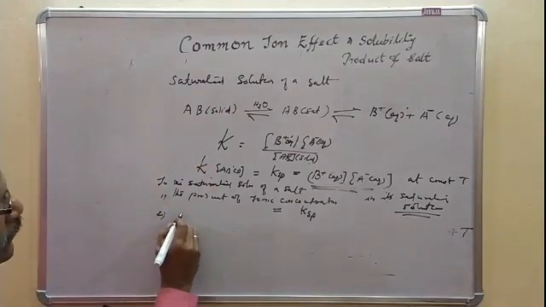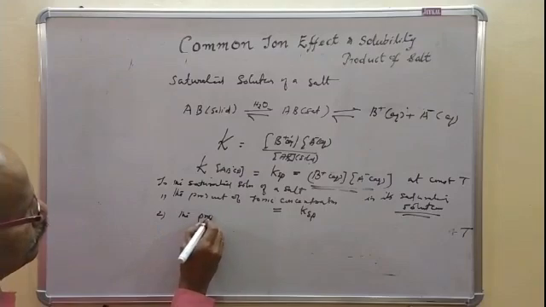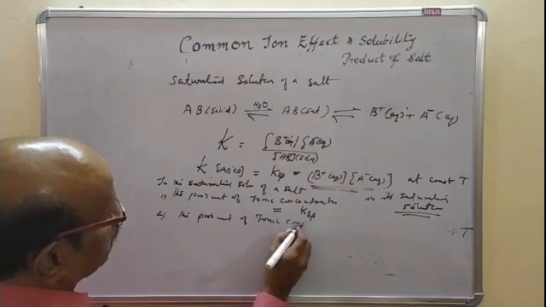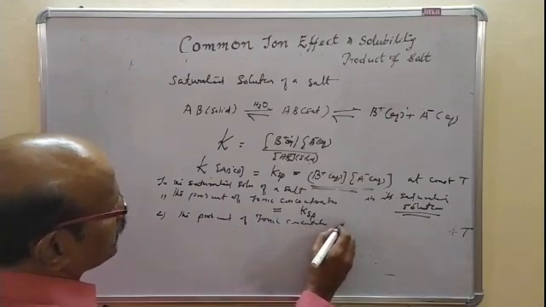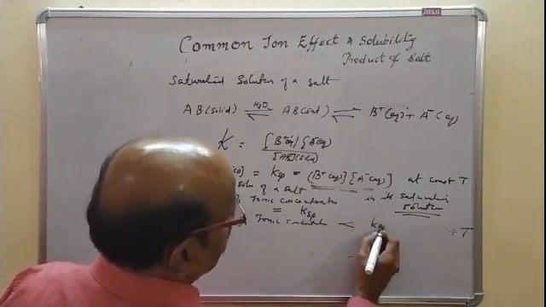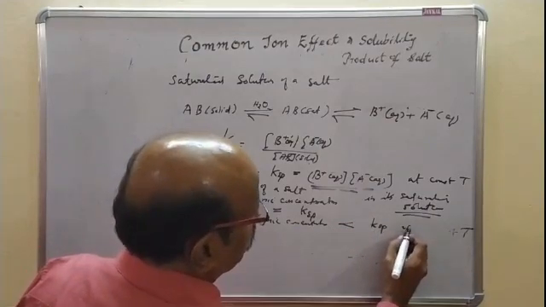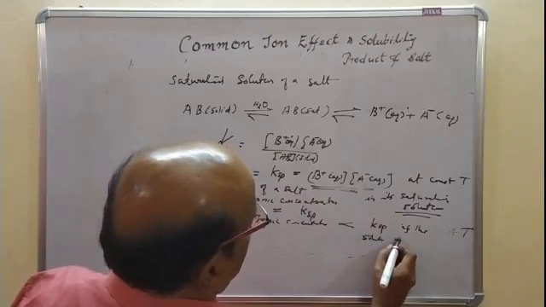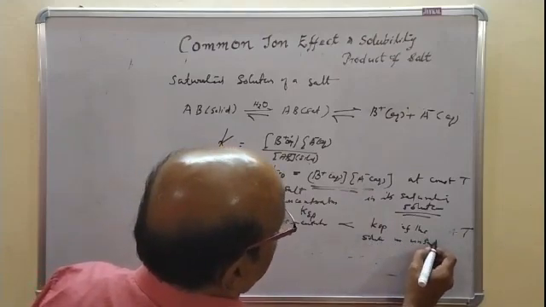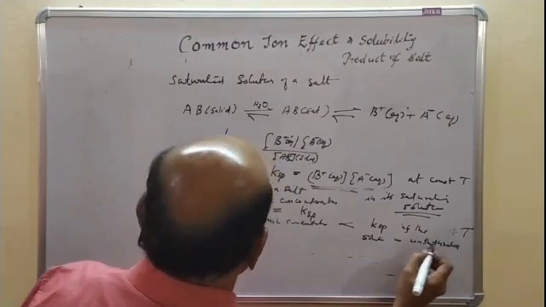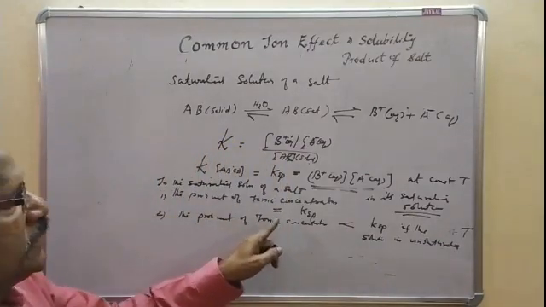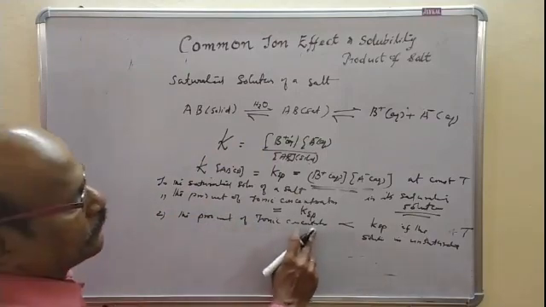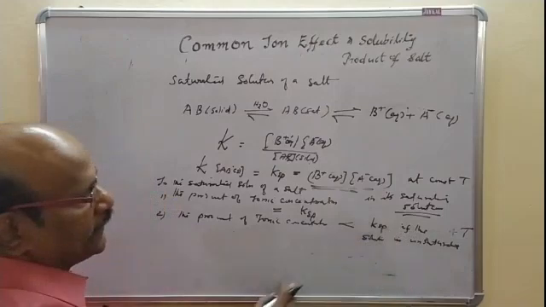But the product of ionic concentration is less than Ksp, the solubility product, if the solution is unsaturated. Okay, so we got the second condition. That is, if the solution is unsaturated, the product of the ionic concentration is less than Ksp.